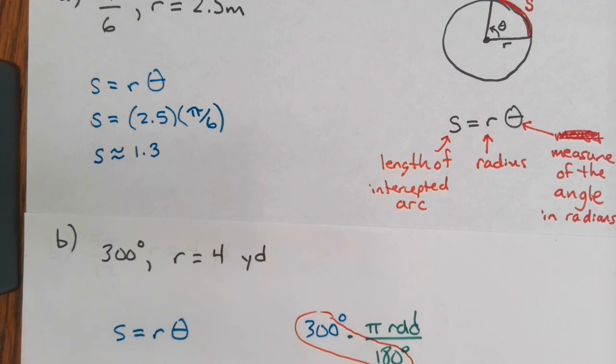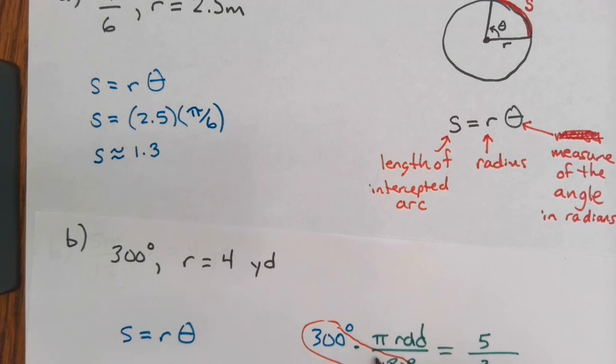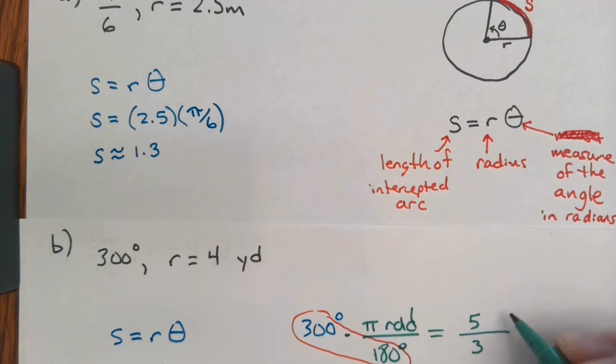And I would want to reduce the fraction. 300 over 180, come up with an improper fraction in its reduced form. If you do that, you end up with 5/3 as your fraction. So this is 5/3 from the 300 over 180. We also need a pi up there in the top, and that is our angle measure in radians.